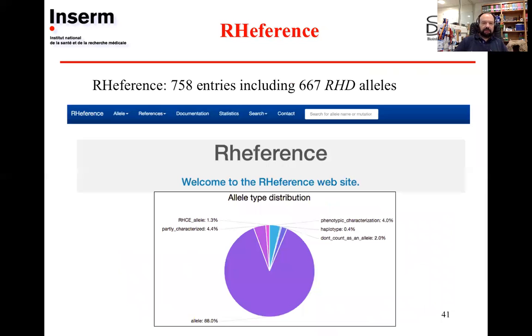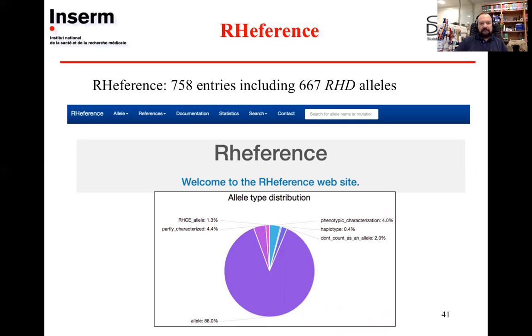And here you have a very simple presentation of the RH reference database. You can directly ask for your variants of interest. You can ask for different types of information in a very simple way, even for medical doctors, but also for researchers.